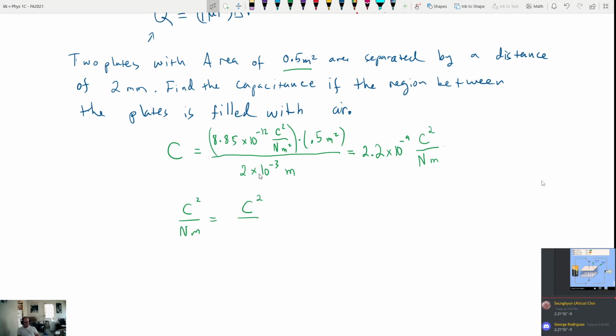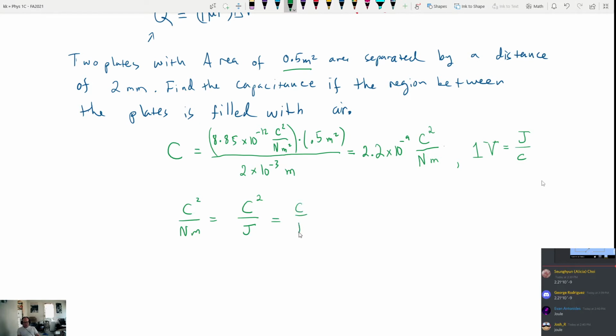What's a Newton times a meter? Is that familiar? That's a joule. Yep. Okay, so now we've got coulombs squared over joules. How is this going to work out? Well, you may or may not remember that 1 volt is equal to a joule divided by a coulomb. So this could also be written as coulombs over joules times coulombs.